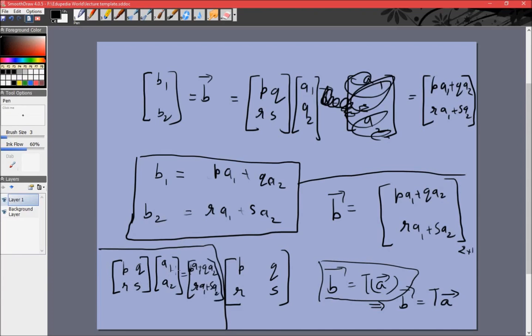Now this is only for a 2 cross 2 multiplied by 2 cross 1 matrix, which gives a 2 cross 1. So it's not a general rule, but whatever the rule for matrix multiplication we define, we would like it to follow this pattern.